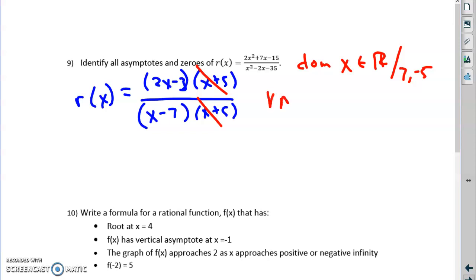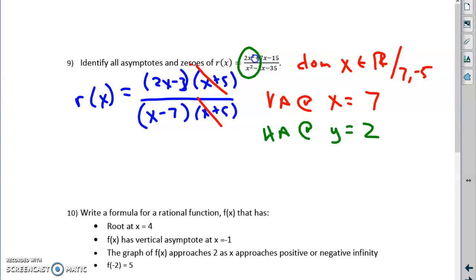So we have a vertical asymptote at x equals 7. Horizontal asymptote, degrees are the same. So what do we say? Coefficient 2 over 1, y equals 2.